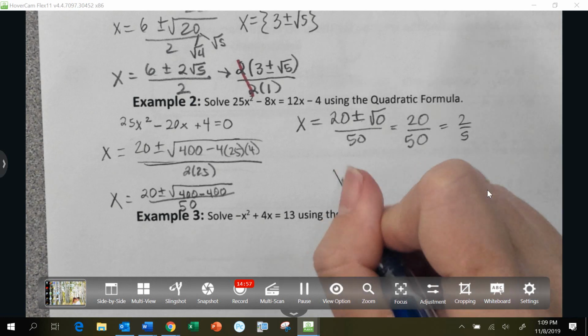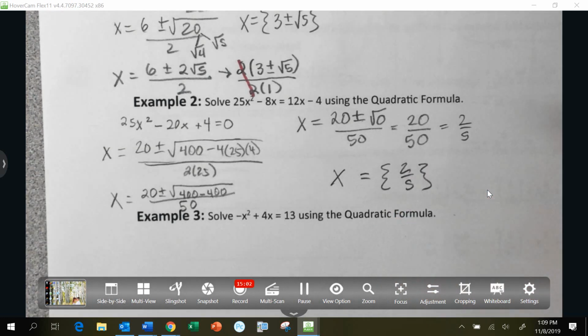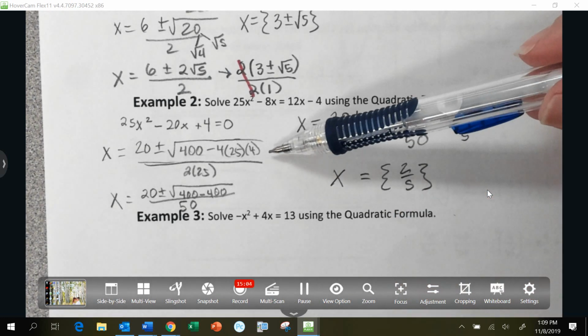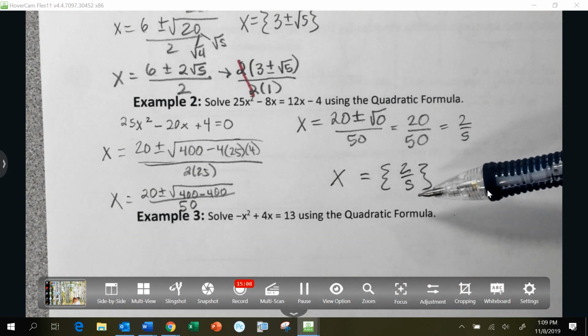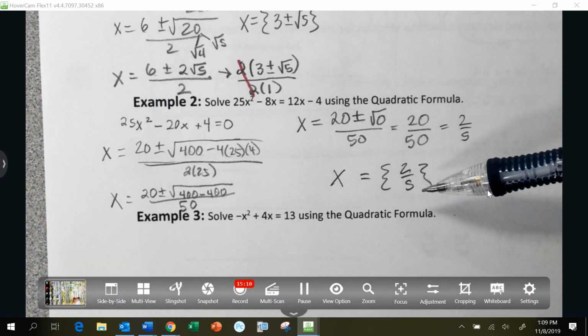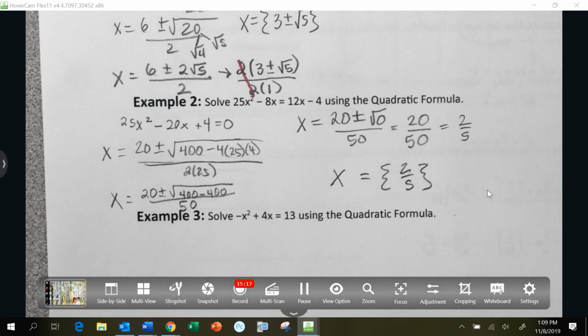So what happened because we had a 0 underneath the radical? How was this one different than the first two we did? We didn't have the plus or minus, and what does no plus or minus tell us?